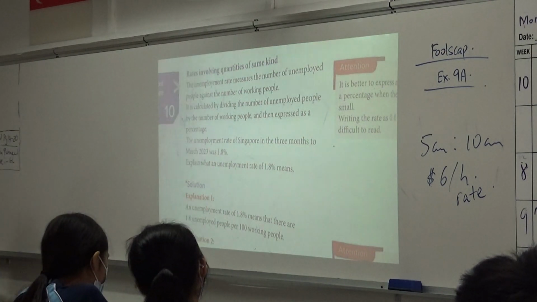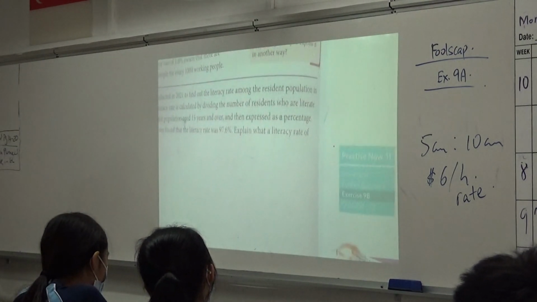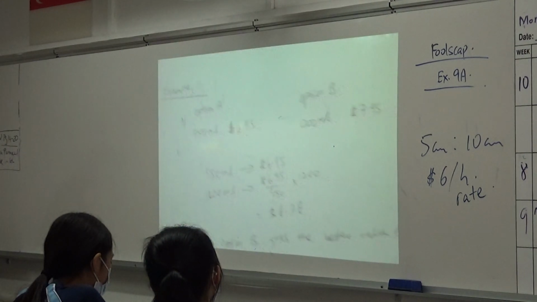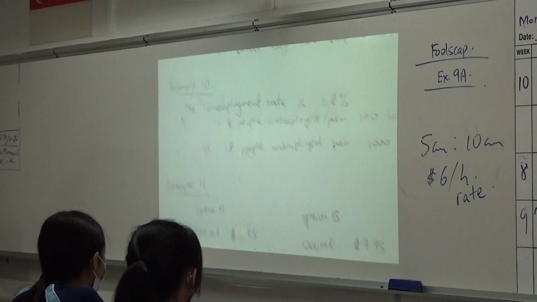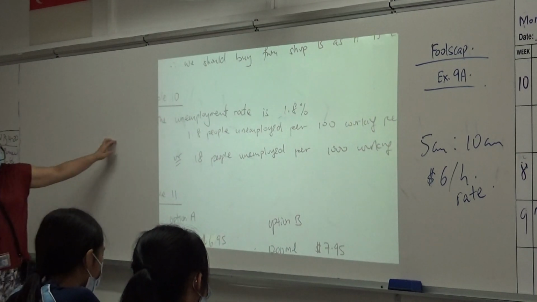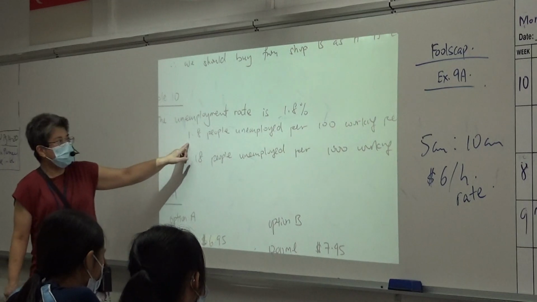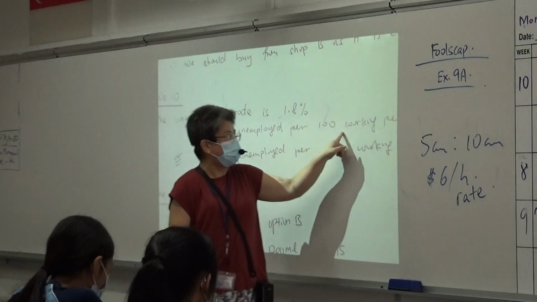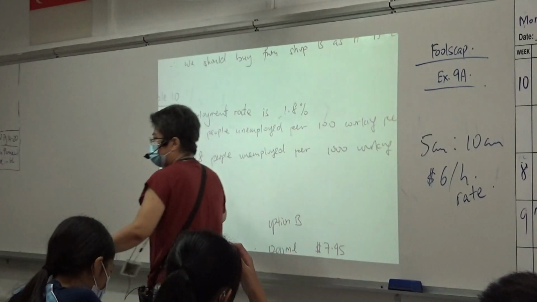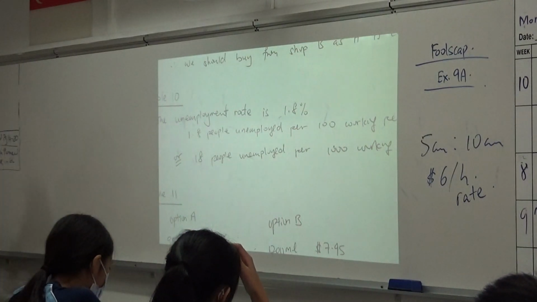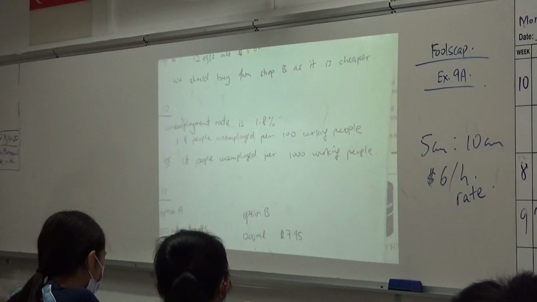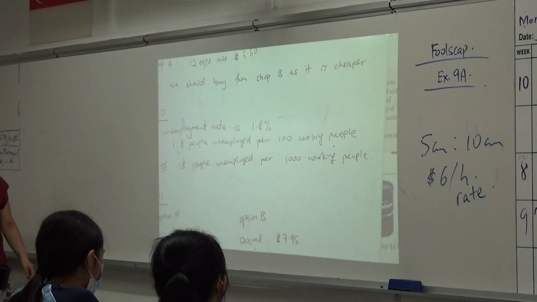I'm going to show you now. Okay. All of you look here. There are 2 explanations. The unemployment rate is 1.8% means 1.8 people unemployed per 100 working people, right? But you will tell me, 1.8, very strange. 1.8 people unemployed per 100 working people.